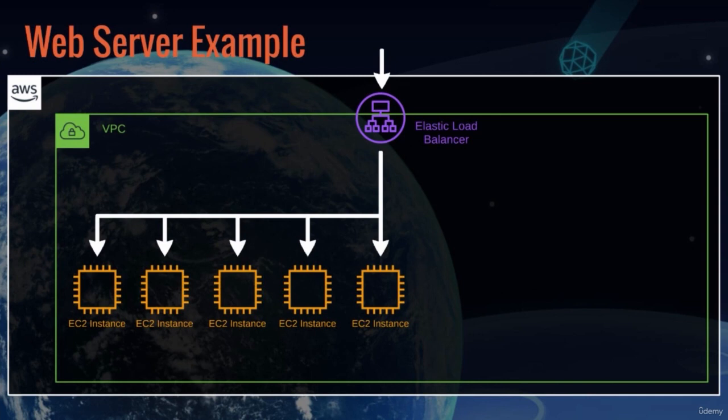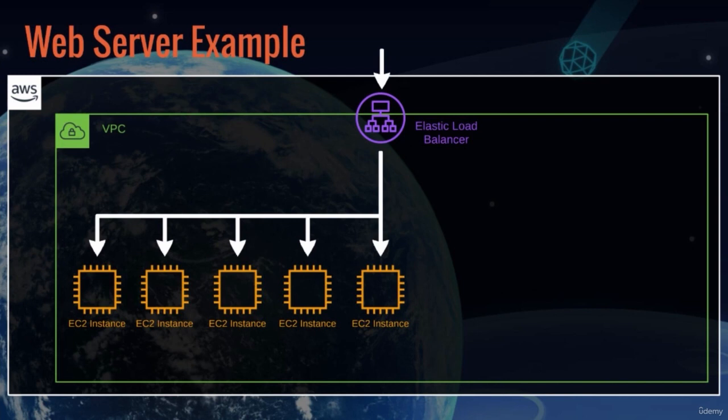And it will balance the load across those EC2 instances. And if one of those EC2 instances becomes unhealthy, it will fail a health check with the elastic load balancer, and then the elastic load balancer will no longer send traffic to that unhealthy EC2 instance.